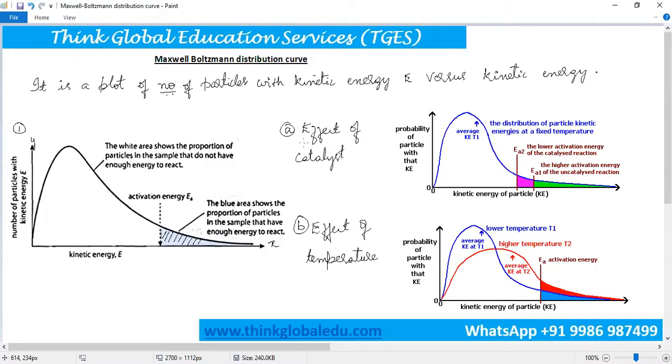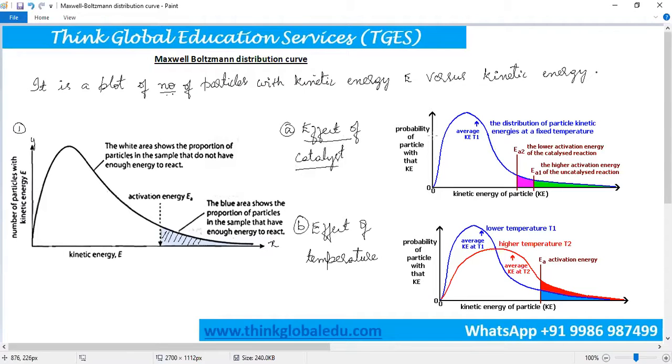As we can see in the first graph, the effect of catalyst: the catalyst will reduce the activation energy, thereby enabling more particles to gain the activation energy to form the products.